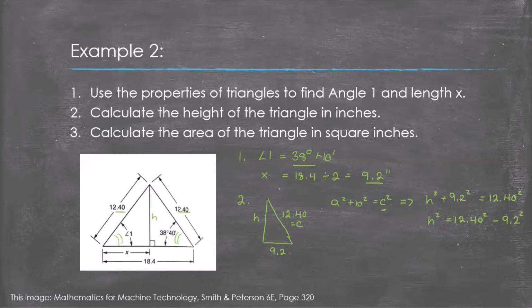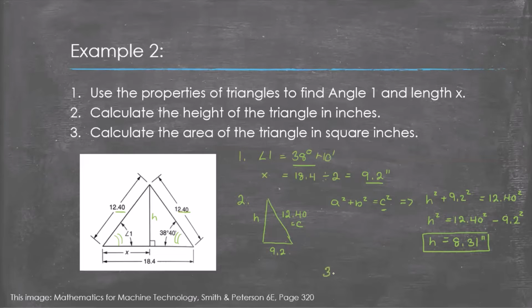Subtract 9.2 squared from this side, subtract it from the other side. Now, I'm going to trust that you can put this in your calculator. Don't forget to press equals at the end. Putting that in your calculator, you should get an answer of 8.31 inches for your height. Okay? And that answers the second question.